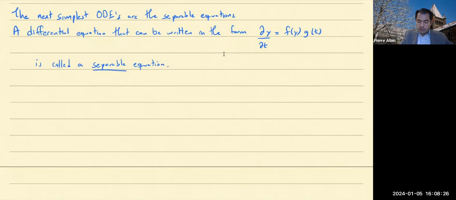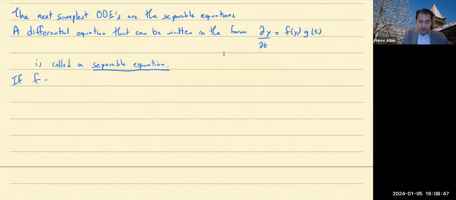It's called separable because you can separate out the y's and the t's. So it's the next simplest. It's almost as easy to solve as the previous one.